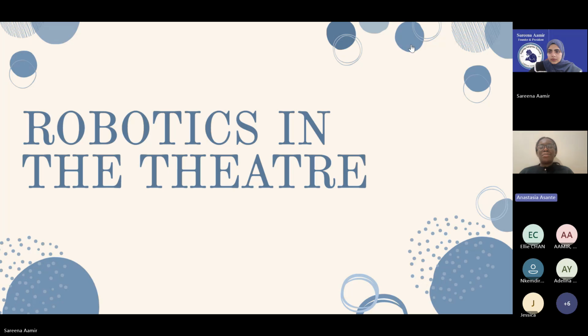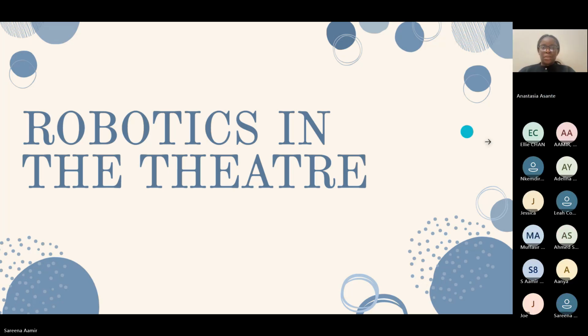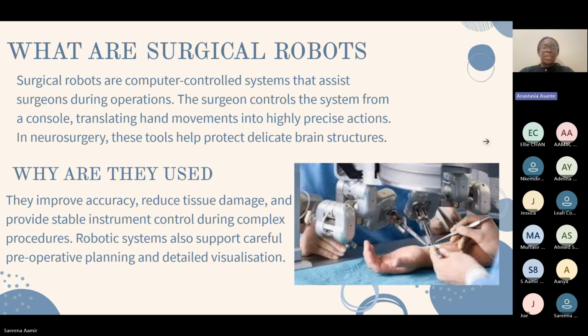Okay, so now we're going to be talking about robotics in the theatre. So what are surgical robots? Surgical robots are computer-controlled systems that surgeons use during operations. Essentially, the surgeon controls the system from a console, translating hand movements into highly precise actions.